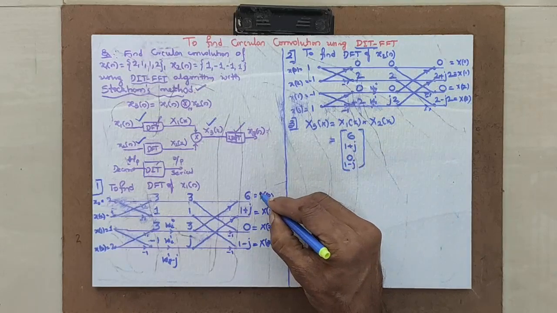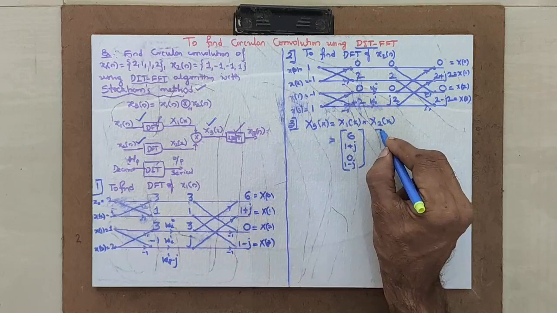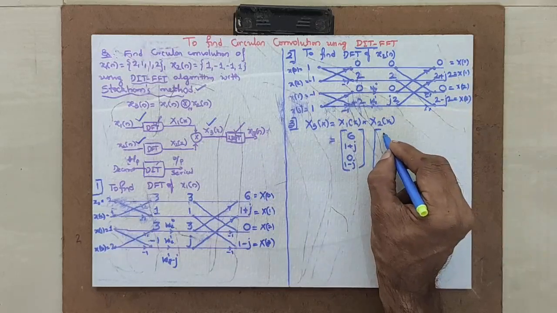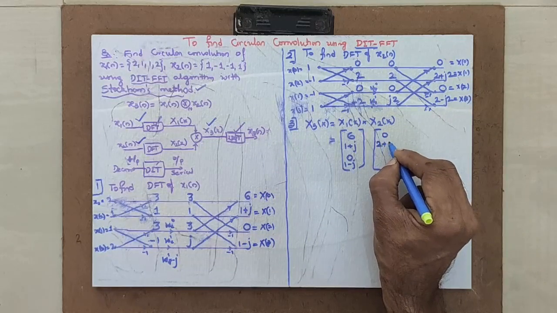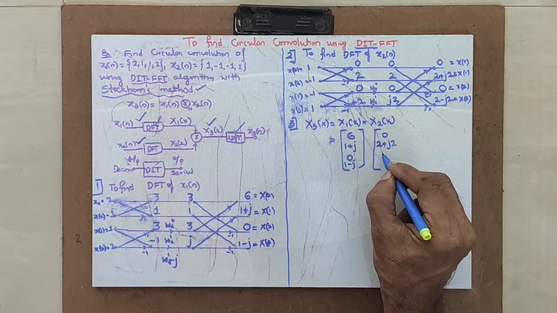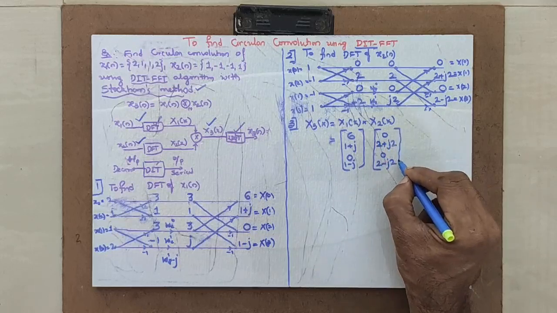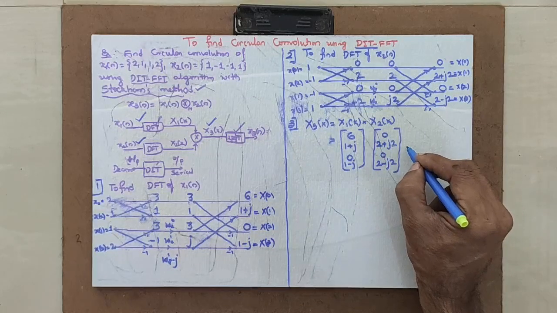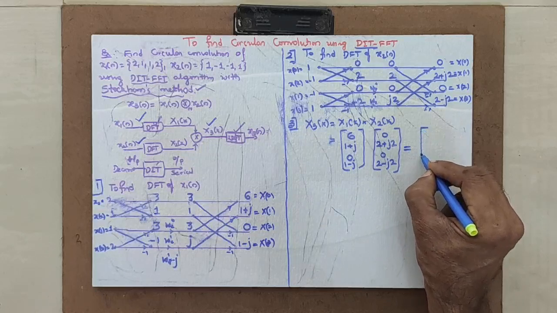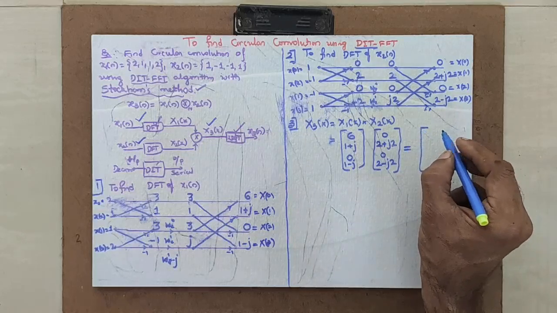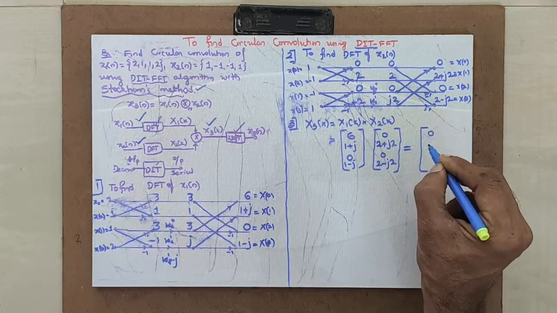I am transferring from this, multiplied by x2k. x2k is already, you know, 0, 2 plus j2, then 0, 2 minus j2. Multiply both. Anyway, in this multiplication it is simple because 3 zeros are coming. Don't think that I am choosing an easy problem. Whatever problem has come, I have chosen it.